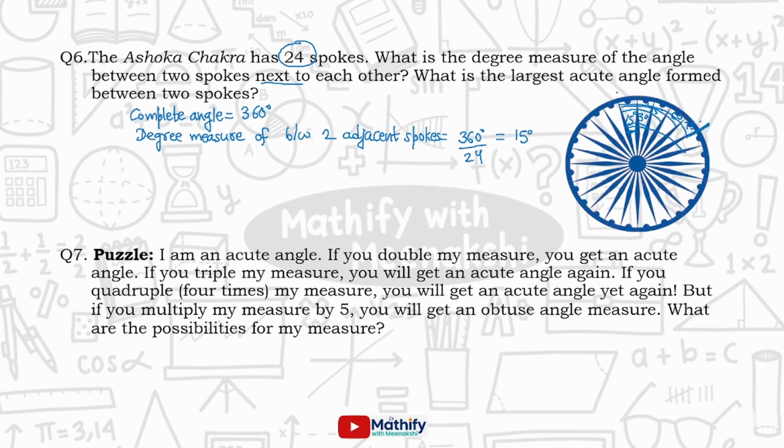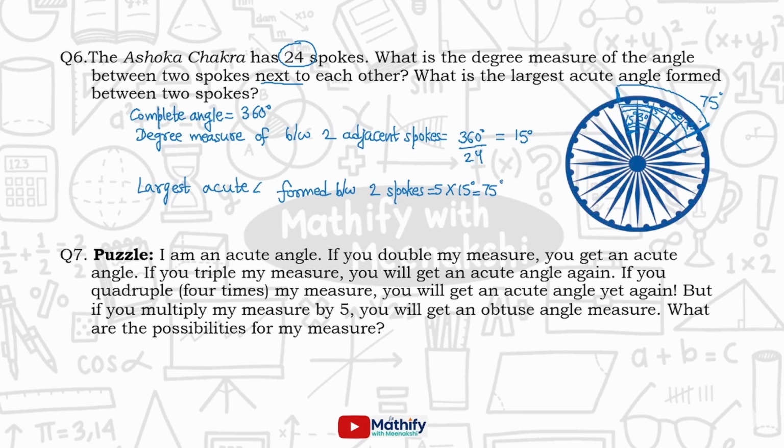That means the angle is 75. This is the largest acute angle here. So I will write that largest acute angle formed between two spokes is 5 into 15. We are moving 5 times, that's 75.